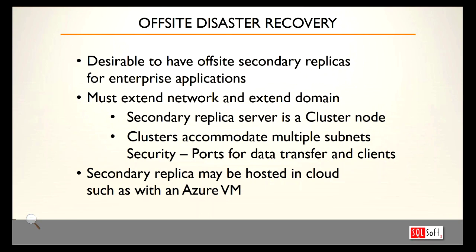If we're using the internet for data transfer, then we will want to have some kind of tunneling, some kind of security set up to get the data from the primary data center to the secondary data centers, or we might just have a private network of some kind.